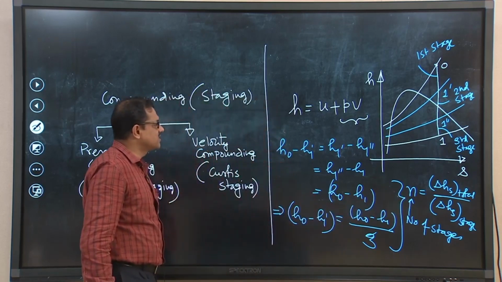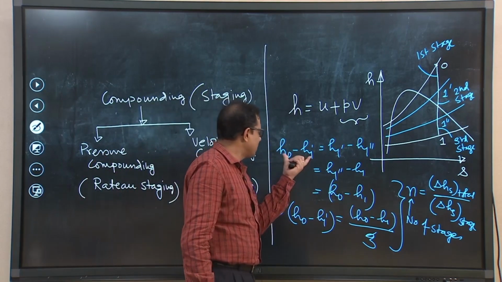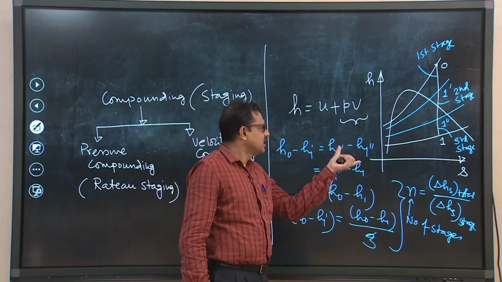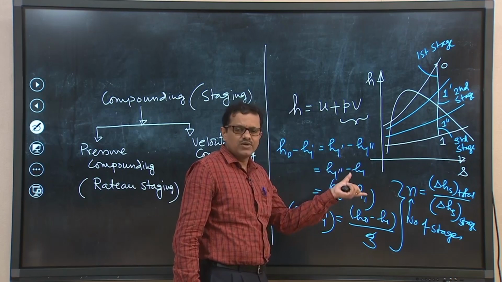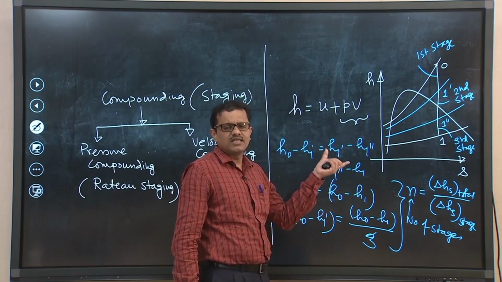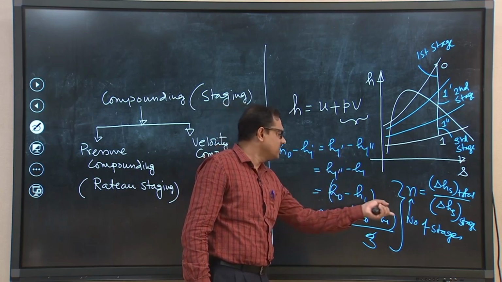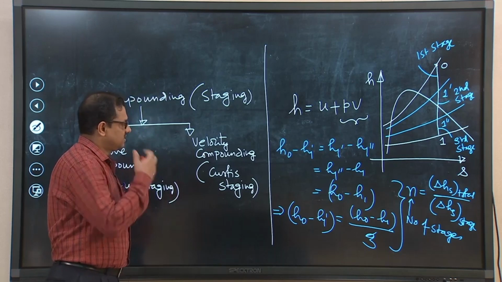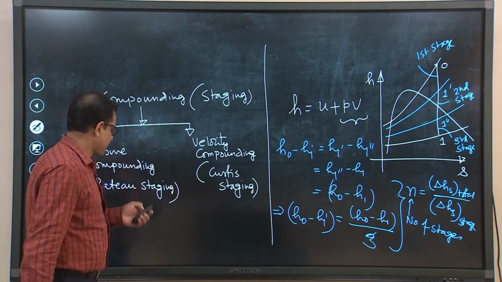So, what we can understand is that basically we would like to have the enthalpy drop in a number of stages, and since we should utilize the total enthalpy drop, accordingly the total number of stages would be determined.